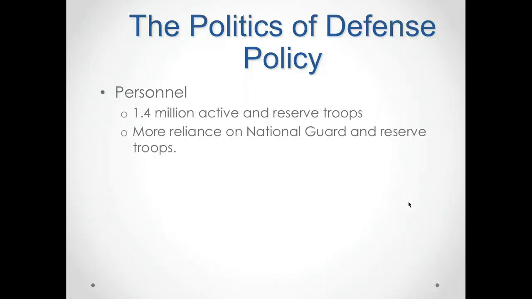We've since cut the number of active people in the active component, and been more reliant on the National Guard and the Army Reserve. This is, of course, cheaper, but activating National Guardsmen and reservists creates a lot of disruption in the personal lives of those folks who are pulled from jobs or from school.